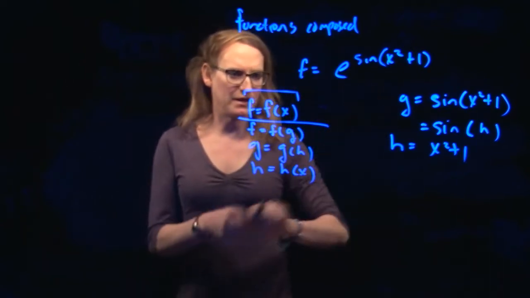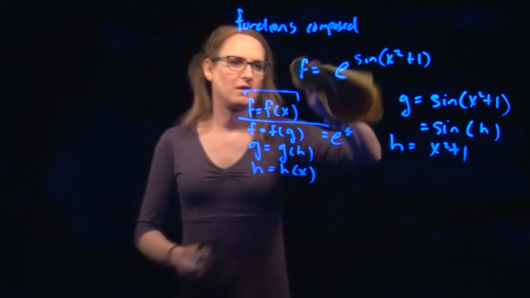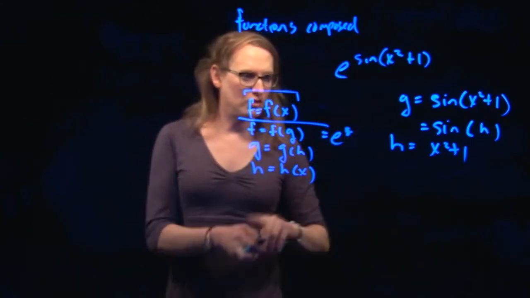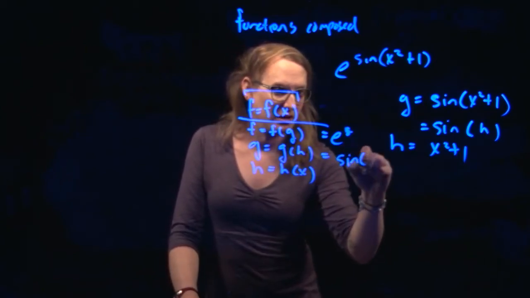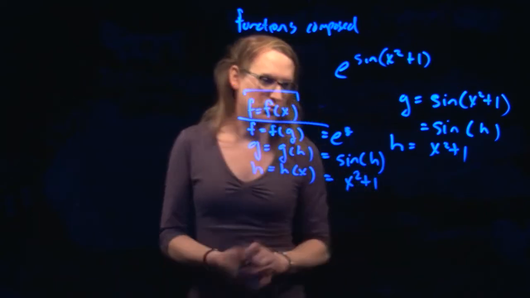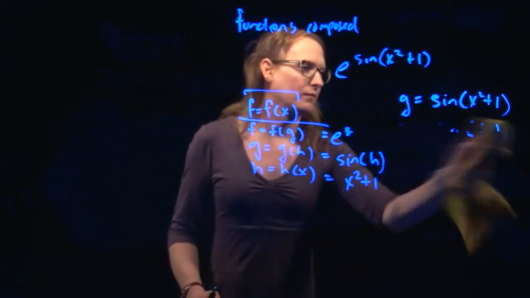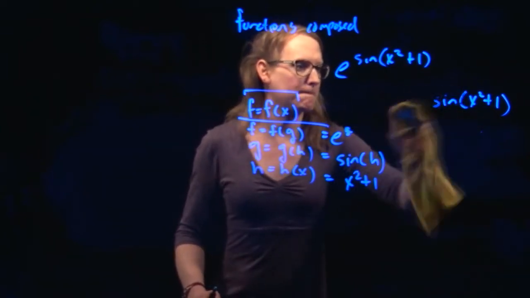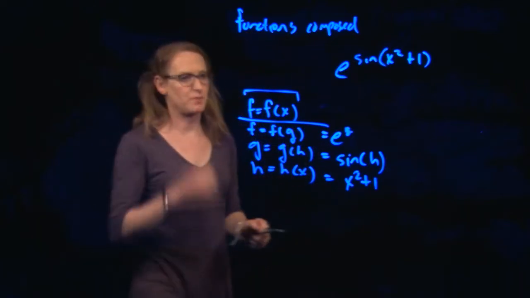So f is e to the g. g is sine of h, and h is x squared plus 1.